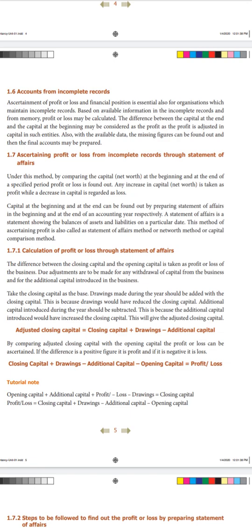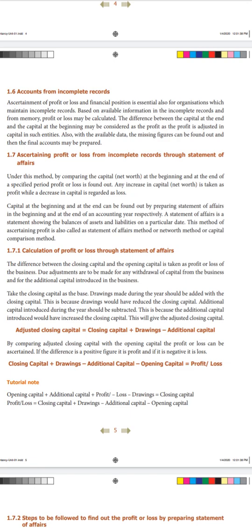Next, moving on to the calculation of profit or loss through the statement of affairs. By preparing the statement of affairs, how can we calculate the profit or loss? The difference between the closing capital and the opening capital is basically the profit or loss of the business.